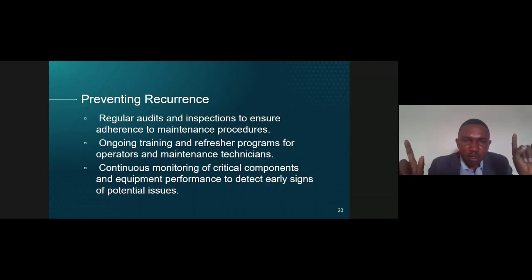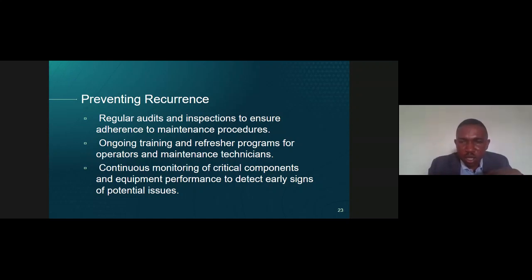Then, for management to make sure the failure does not recur, these were some of the things put in place: regular audits and inspection to ensure that maintenance procedures are followed. Ongoing training and refresher training was also implemented for the maintenance persons and also the operators.